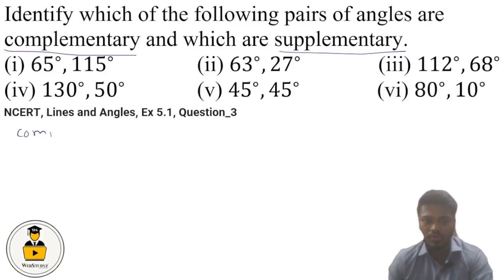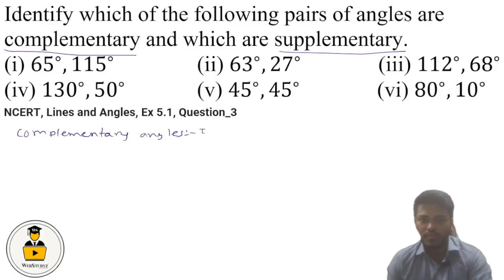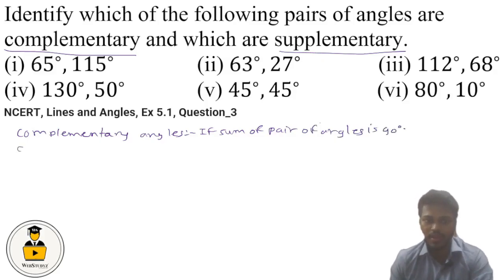So complementary angles are angles whose sum is 90 degrees. Or we can say that if the sum of a pair of angles is 90 degrees, then we call such angles complementary angles.